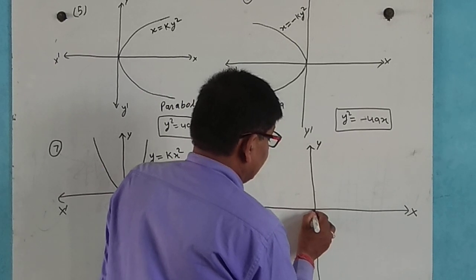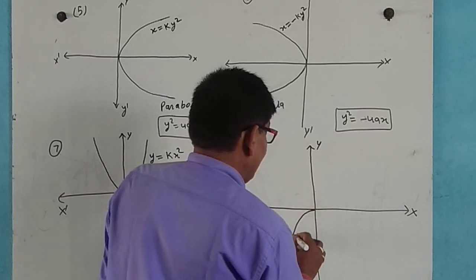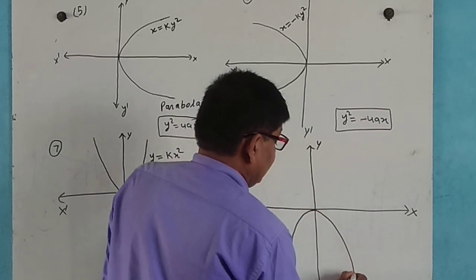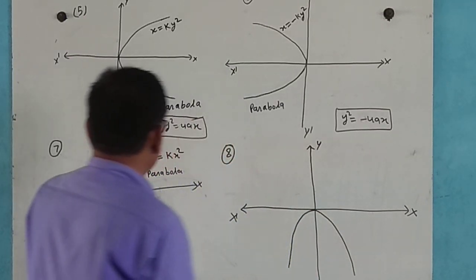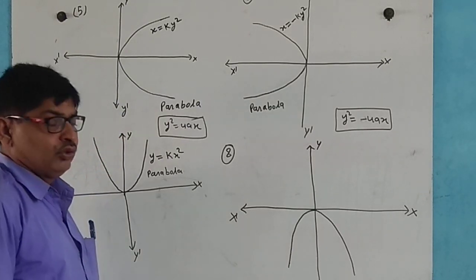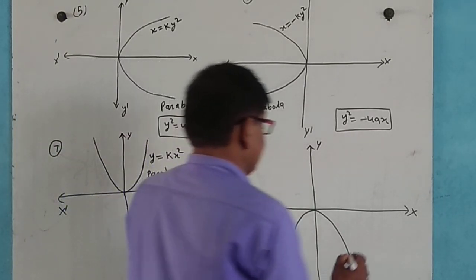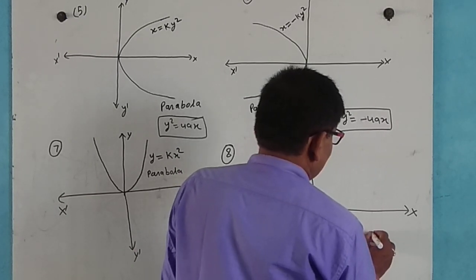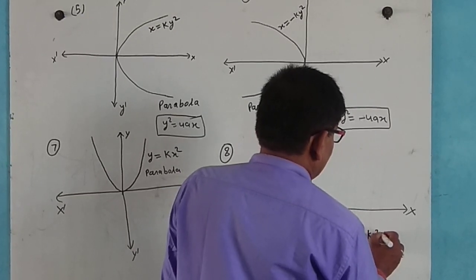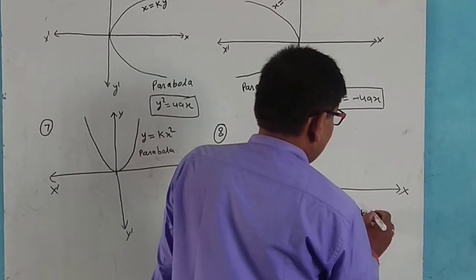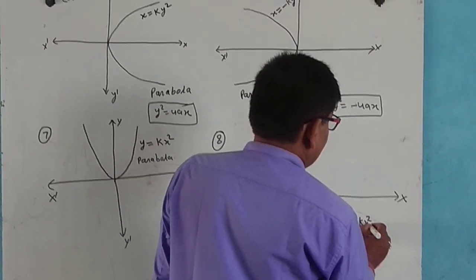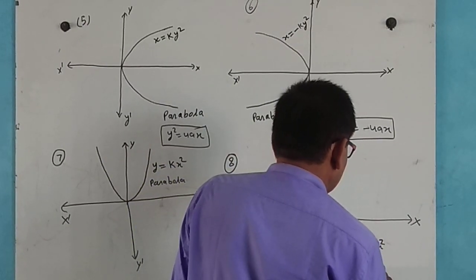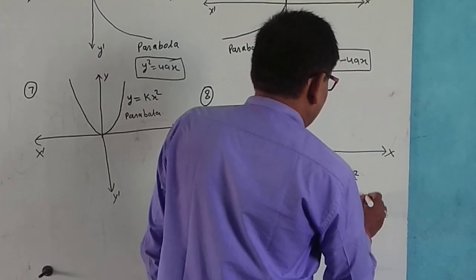In this case, the mouth of the parabola opens in the downward direction, so the equation of this parabola is y is equal to minus kx square. This is also a parabola.